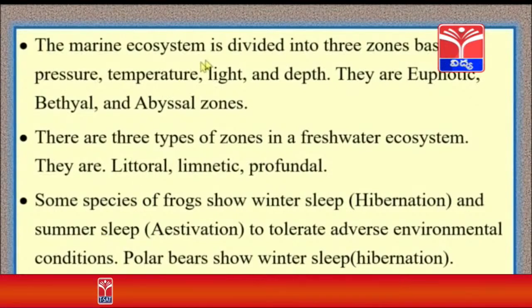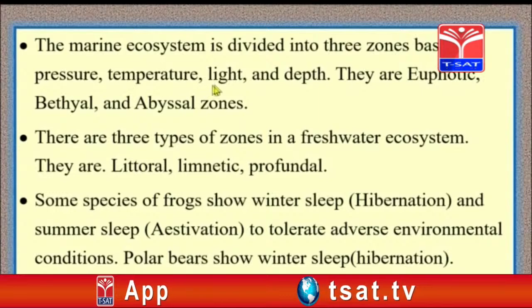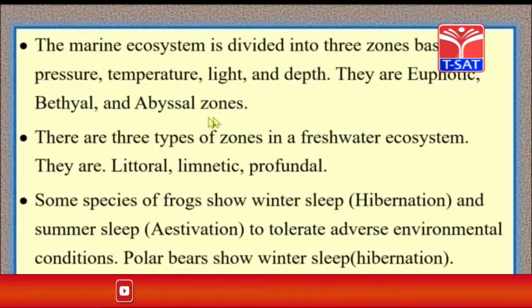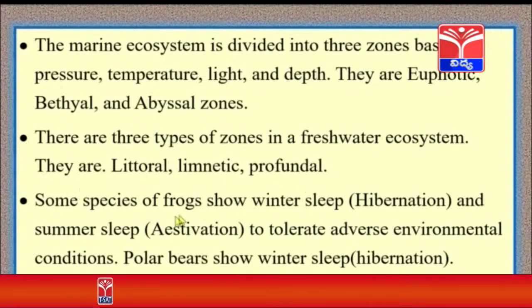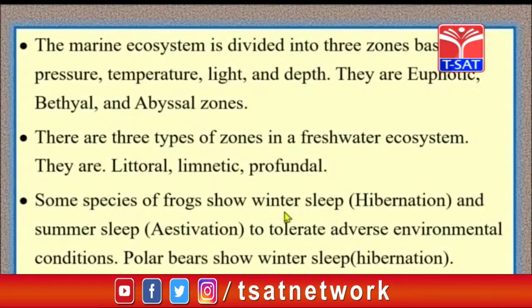The marine ecosystem is divided into 3 zones based upon pressure, temperature, light and depth. They are euphotic, bathyal and abyssal zones. There are 3 types of zones in a freshwater ecosystem. They are littoral, limnetic and profundal. Some species of frogs show winter sleep, called hibernation, and summer sleep, called estivation, to tolerate adverse environmental conditions. Polar bears also show winter sleep.